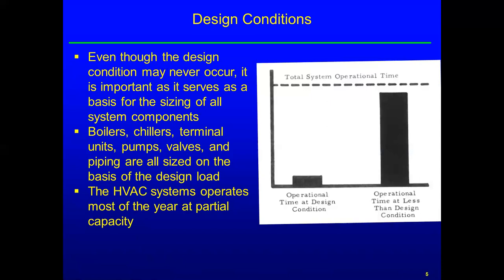The HVAC system operates most of the year at partial capacity. Some systems probably never hit their design. And you can see in this little figure that there's a very small length of time that you have the design. You might operate at design condition, and most of the time you don't.